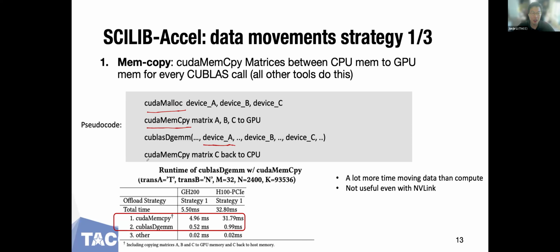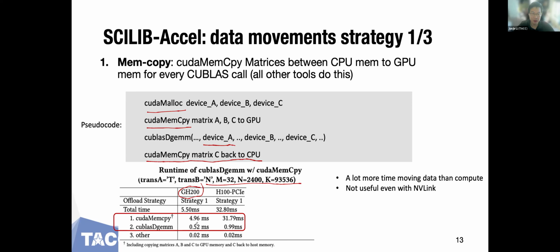In the end, we have to copy matrix C, the result of the operation, back to the CPU. The table at the bottom shows you how much data transfer overhead we can have. On Grace Hopper, the total runtime is 5.5 milliseconds for doing matrix multiplication of such a dimension.